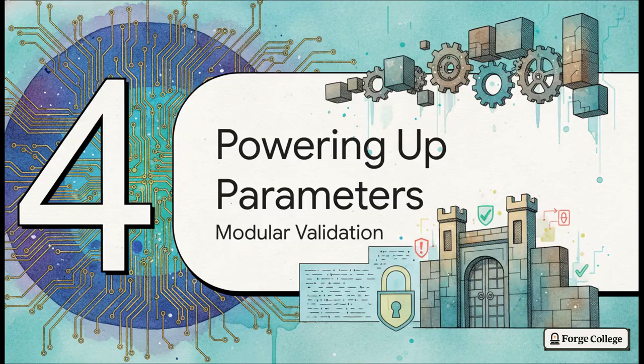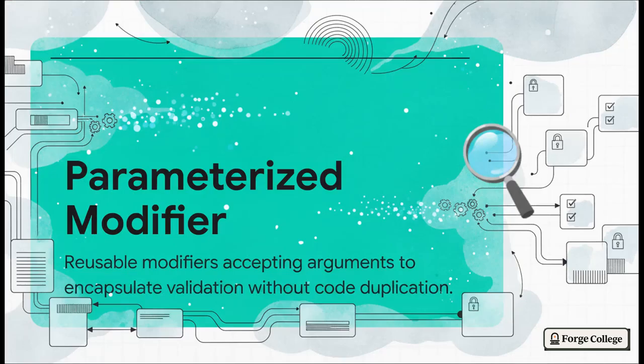All right, Section 4, Powering up with parameters. Let's talk about modular validation. A parameterized modifier. The definition here is beautifully simple. It's a reusable modifier that accepts arguments to encapsulate validation logic without duplicating code across functions. By passing specific rules, like, say, a minimum amount threshold, directly into a modifier, we keep our code modular, highly reusable, and most importantly, entirely free of those nasty hidden side effects.